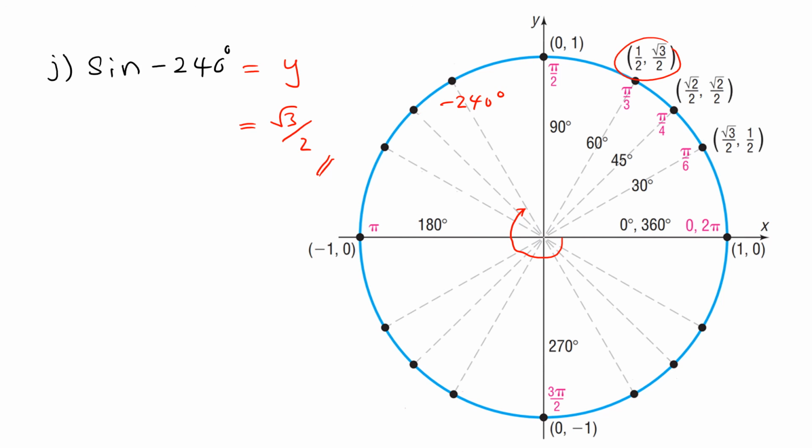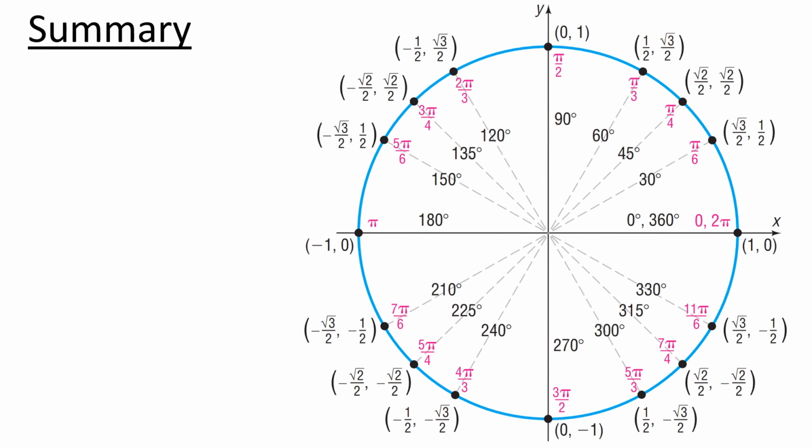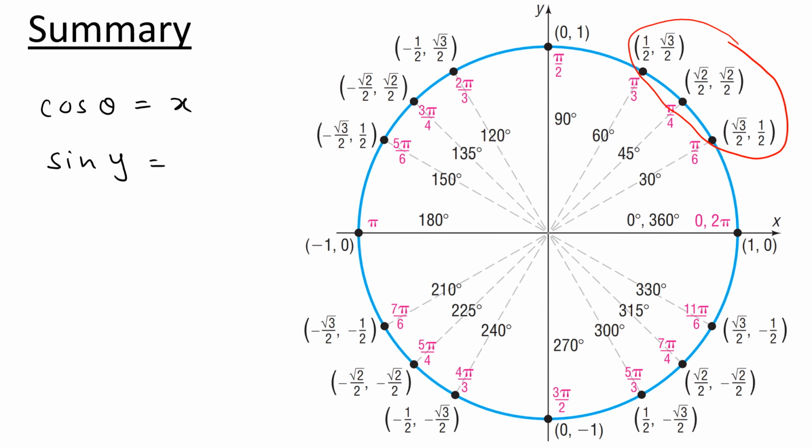So in summary, we compare with the values at the first quadrant. We know that if it is a cosine, it is the x coordinate. If it is a sine, it is the y coordinate.